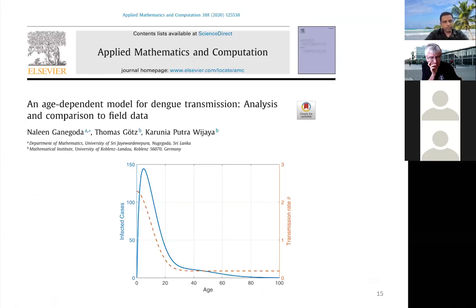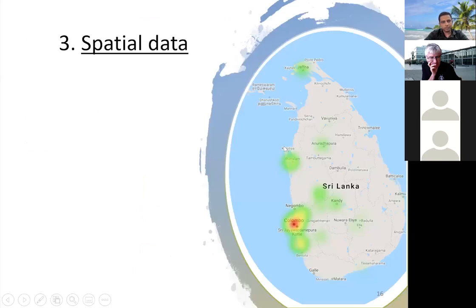I just skipped this because we did it earlier for dengue, but just to concentrate, we identified one peak in the age group just below 20 years in the transmission rate of dengue. So even for COVID, we should do these kinds of manipulations.